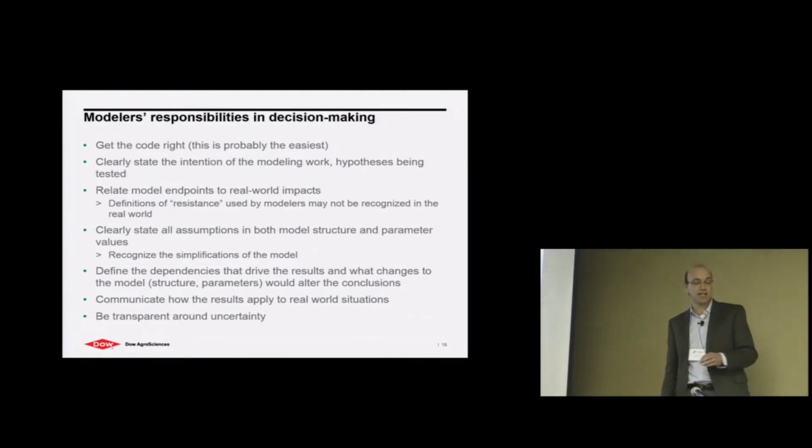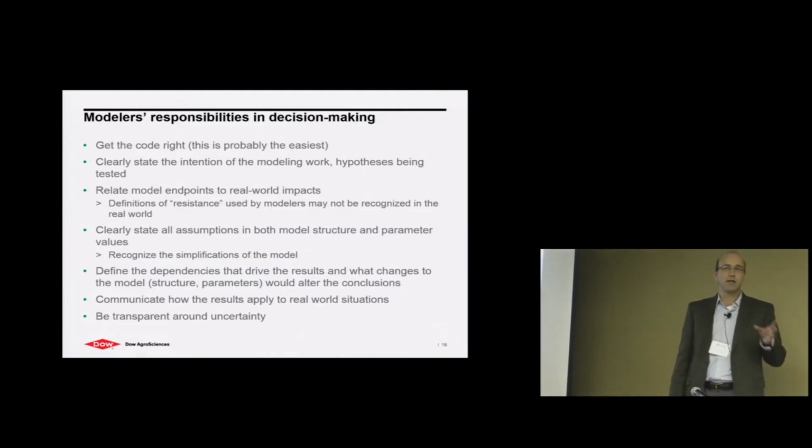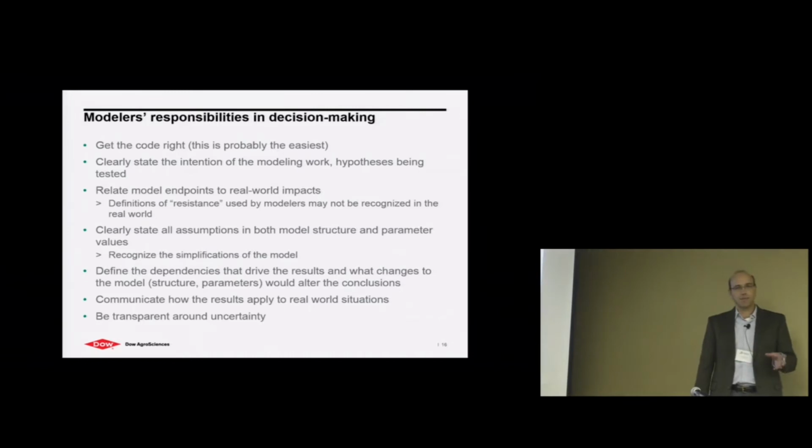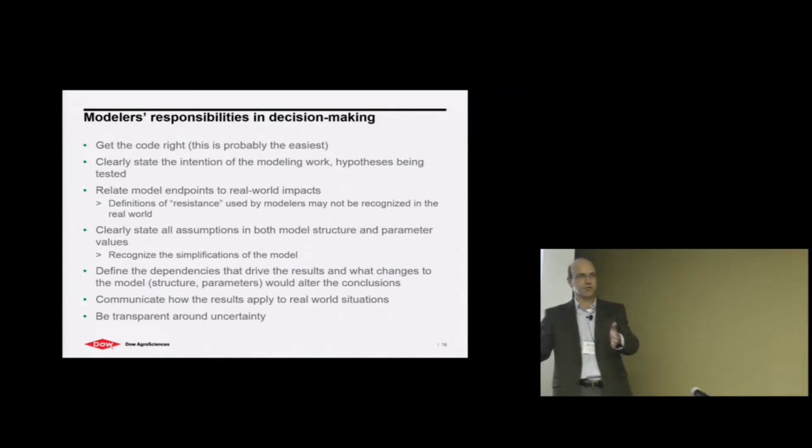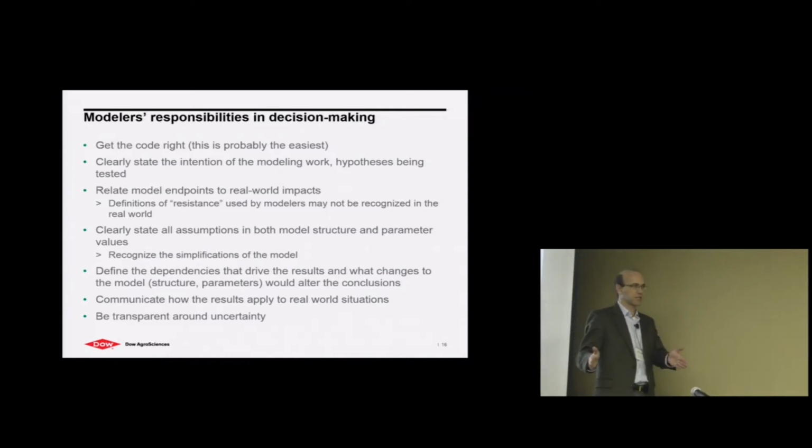You've got to clearly state all your assumptions, both in the model structure and in the parameterization. I can't count the number of times that I've sat down with a model and we've come out with two very different conclusions about ostensibly the same question. And we'd look, what's wrong with the model? How do our models differ? But it's not the model. It's the parameterization, dispersal, genetics of resistance.